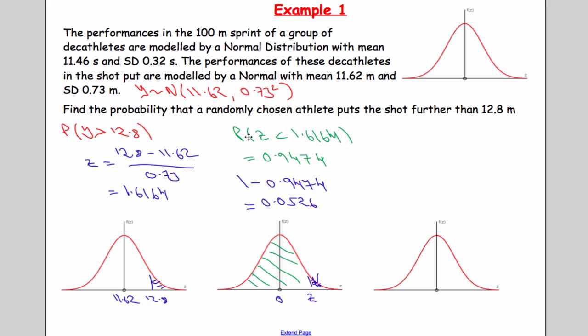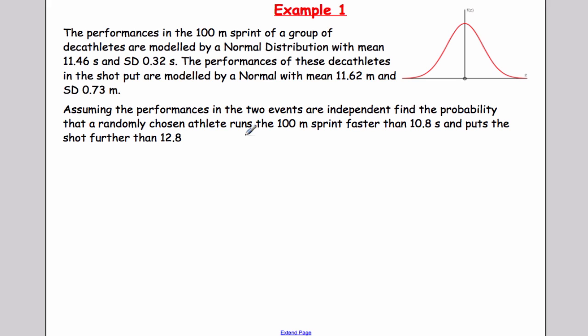Let's move on to the next part. It says here that assuming the performances in the two events are independent, find the probability that a randomly chosen athlete runs the 100-meter sprint faster than 10.8 seconds and puts the shot further than 12.8.